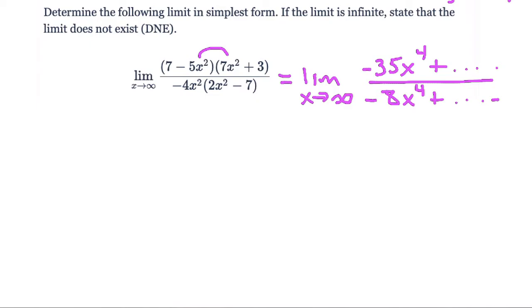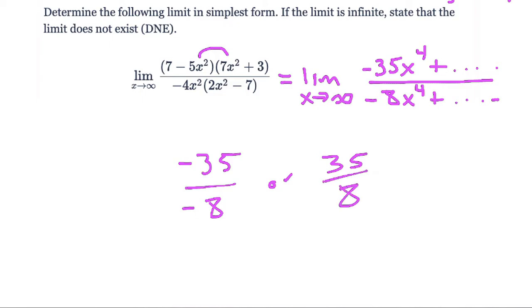Those other things don't matter when you're going towards infinity, because the only thing that matters, if you're putting something like infinity in there, is the highest power. Everything else doesn't really matter because infinity is so big. In this case, algebraically, whatever that x to the fourth is reduces itself, and the answer is just negative 35 over negative 8, or 35 over 8.